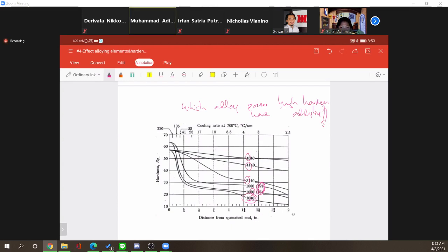Maybe because the other side of the specimen is not hard enough, sir. Yeah, that's correct. Because it's just a guess, I think it's just logic, right?